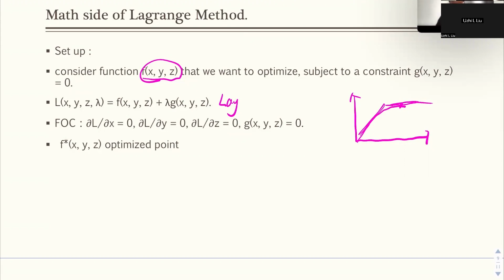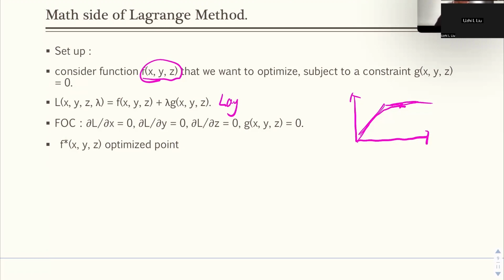Same thing here. We take a look at our first order conditions with respect to each variable. Since we're in 3 dimensions, we take the partial derivative with respect to each variable, and we set it to 0. When we set it to 0, we are able to find the critical point of the Lagrange function that satisfies the constraints.